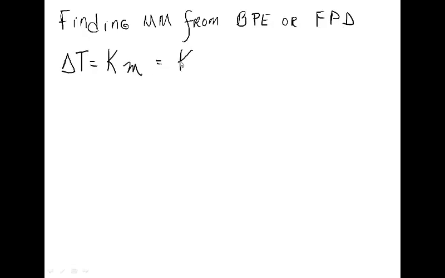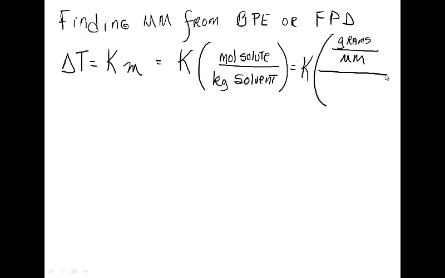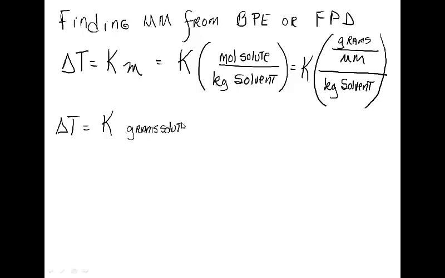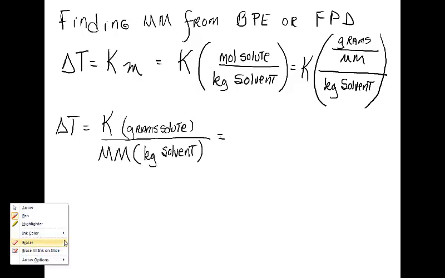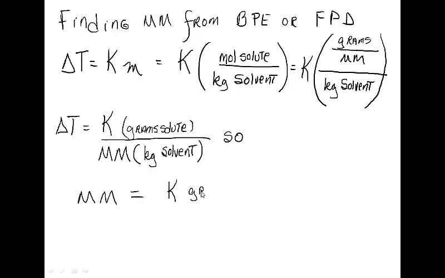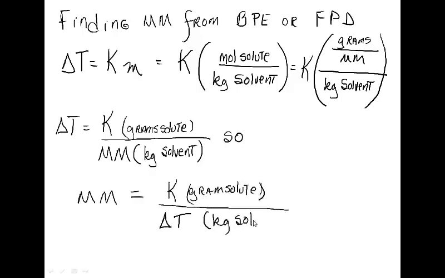Last thing I want you to know for this chapter. Alright, so the last thing I want you to know for this chapter, finding the molar mass from boiling point elevation or freezing point depression.